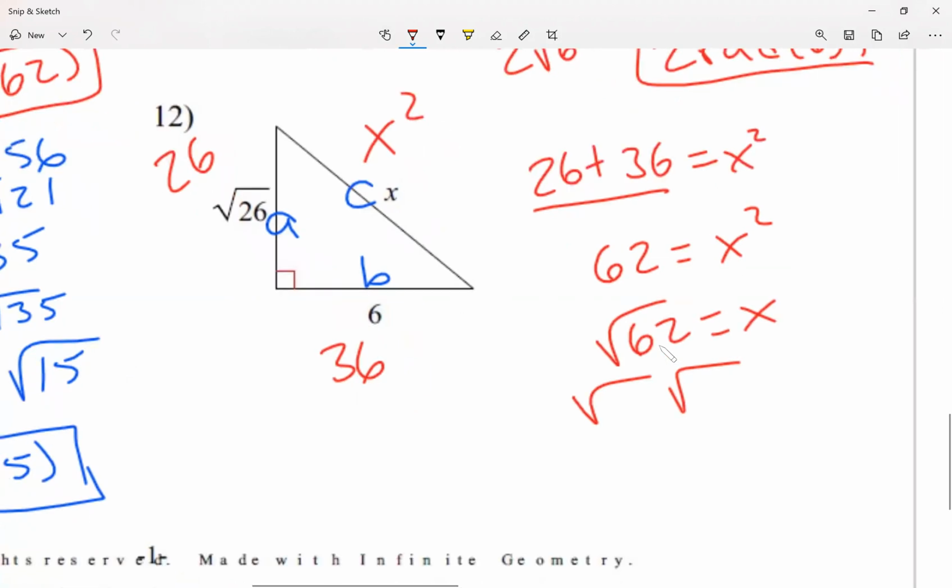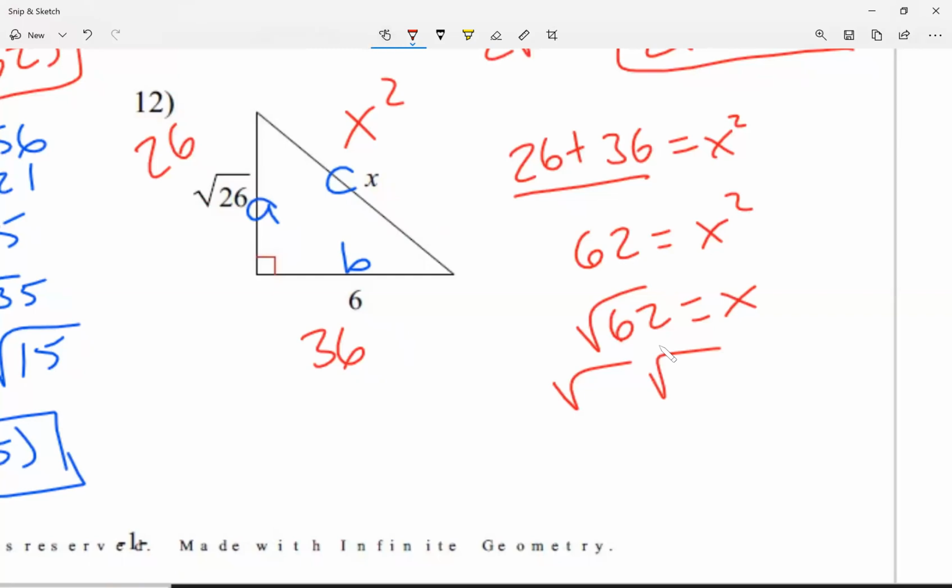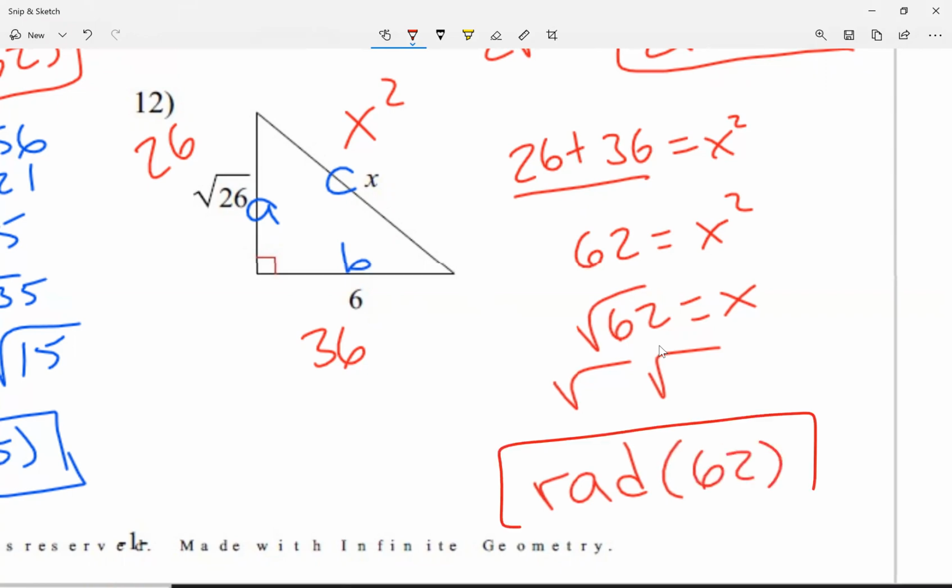So if I was to write this, it's radical 62, the square root of 62. The way you're gonna type this, you're gonna go rad for radical. Notice I went lowercase, inside parentheses 62. Radical 62.